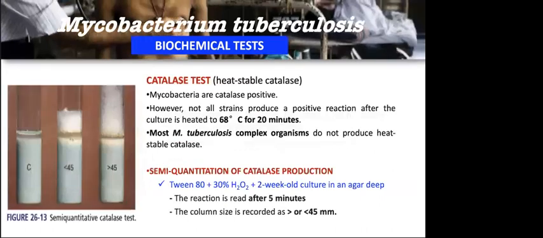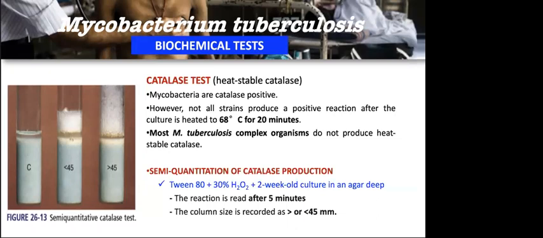And then we have the catalase test, but this one is unlike the catalase test that we perform for differentiation of staph and strep. This one allows the demonstration of the heat-stable type of catalase. Mycobacteria are catalase positive.